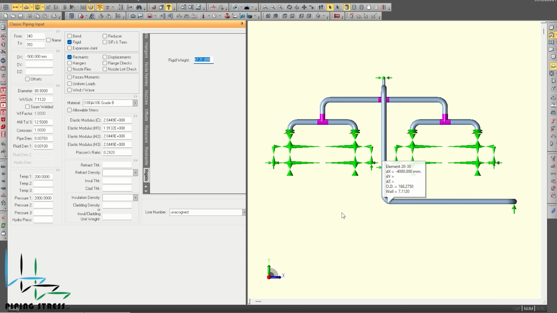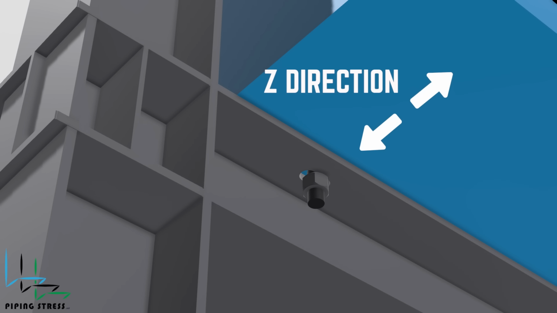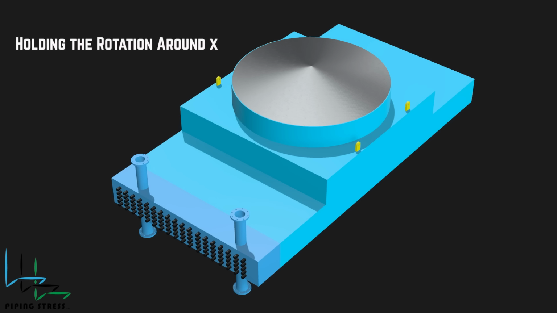Now, it is time to support the air cooler. Once we look at the data sheet of the air cooler, it is fixed by the header in the Z direction. It is important to note that as we accumulate the air cooler on the edges, we should hold the rotation of the header around the X direction.